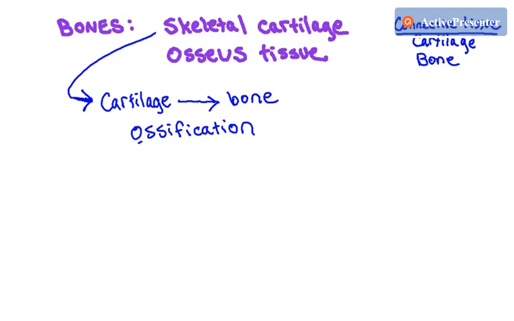And again, there's that word osseous or ossi. Just like we have osseous tissue up here, meaning just bone tissue, this is just another form of the prefix for bone. So ossification, and fication means turn into.